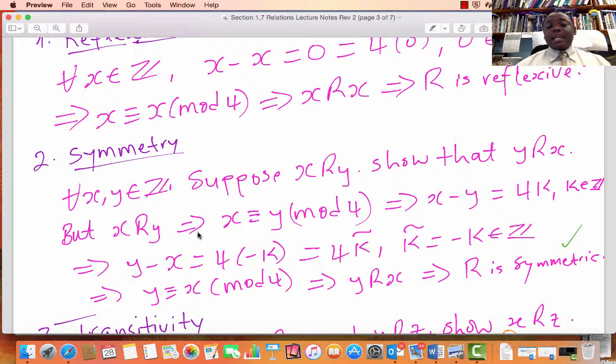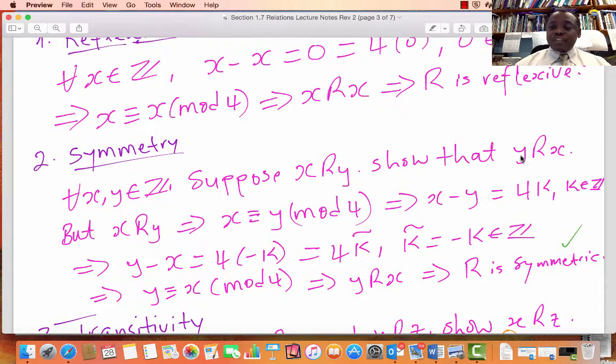But x related to y, what does that mean? x related to y implies x is congruent to y mod 4 by our definition of the relation R. Again, by the definition of congruence, that means x minus y equals 4 times k, where k is an integer. Again, where am I going?